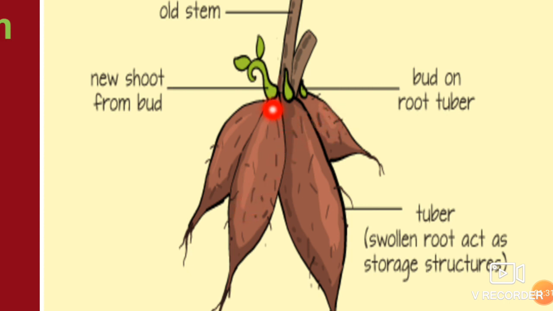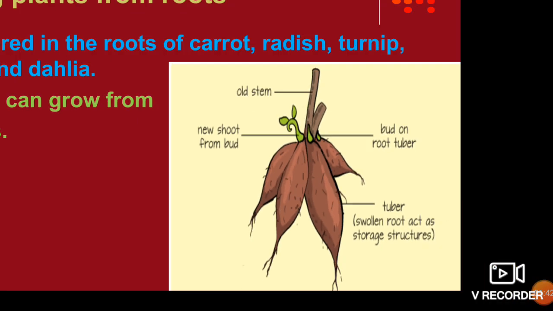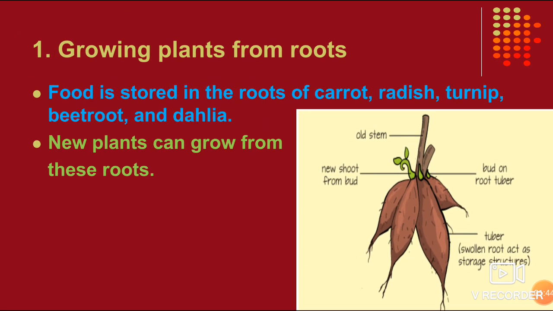When you plant this, you will find that new buds are coming. So this will be helpful in propagation. These roots are able to propagate, or you can say they are helpful in reproduction, the production of new plants.